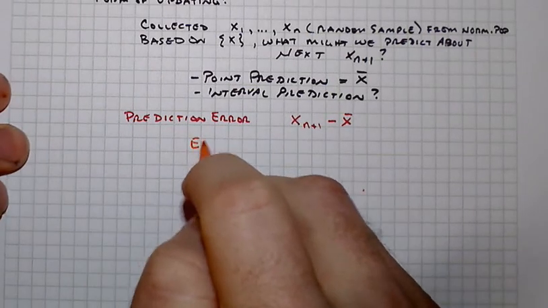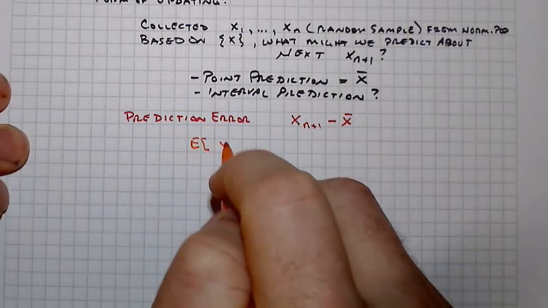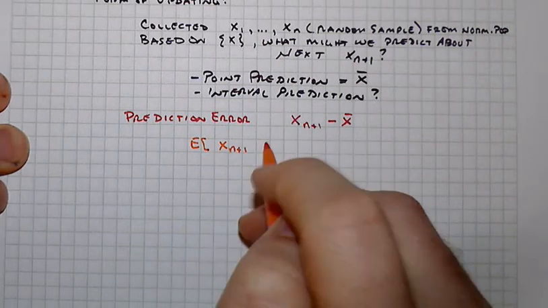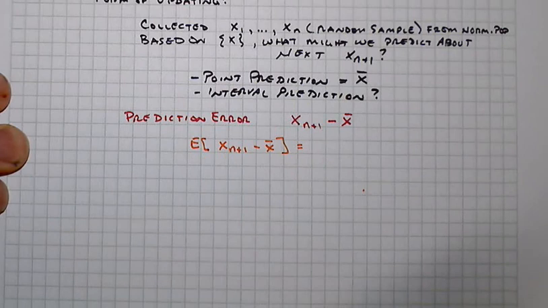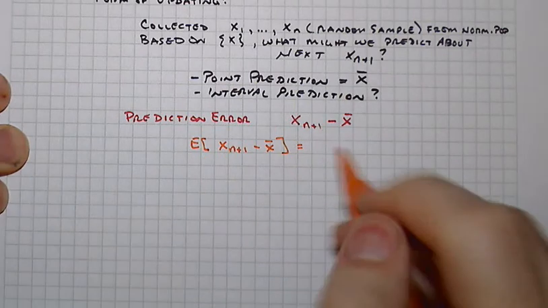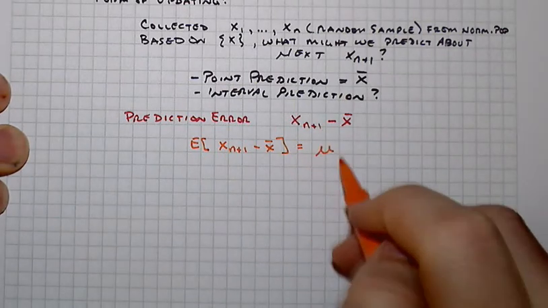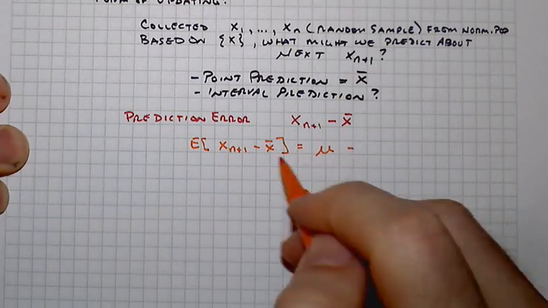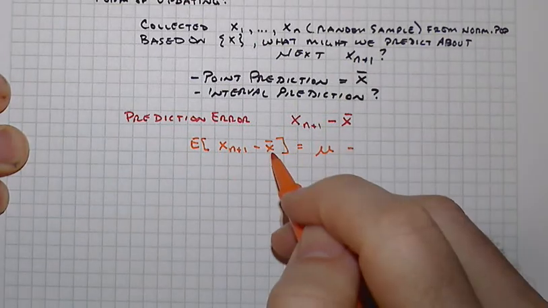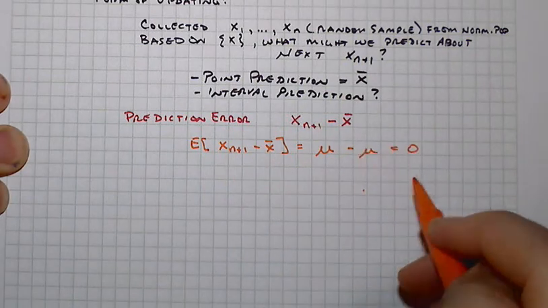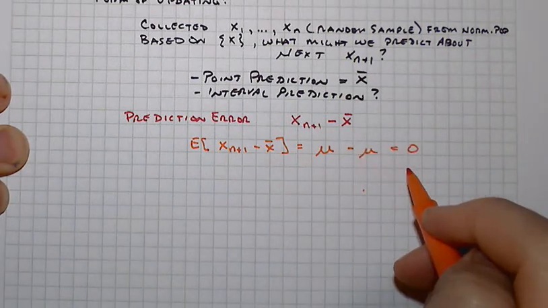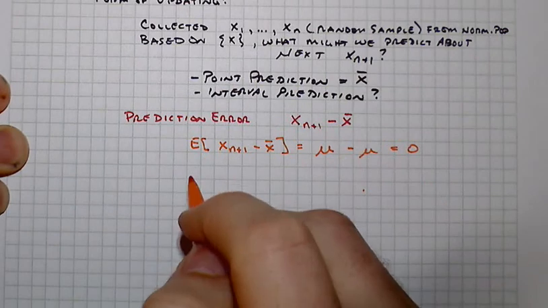What's the expected value of this prediction error? The expected value of x n+1 is just going to be the mean, and we've already numerous times talked about the unbiased estimator, x bar, so that'll be minus the mean. So the expected value of the error is going to be 0. That's good. We always like error that's 0.